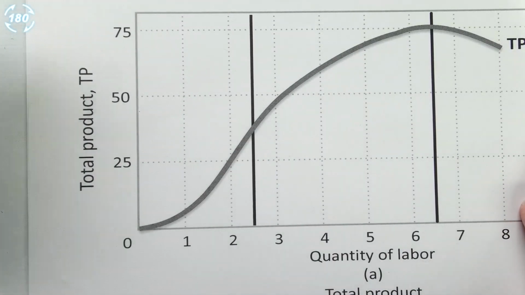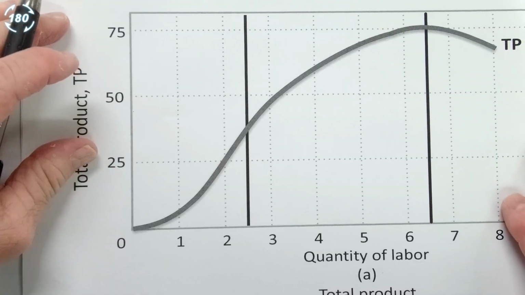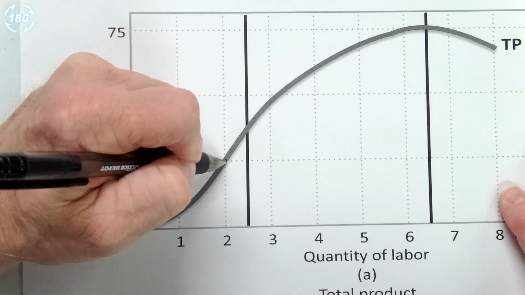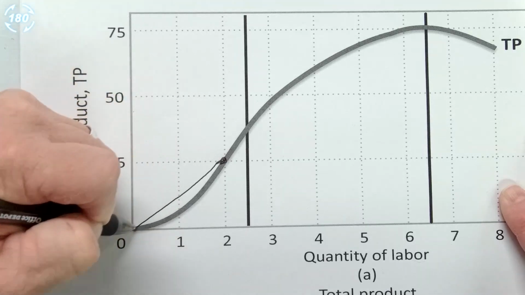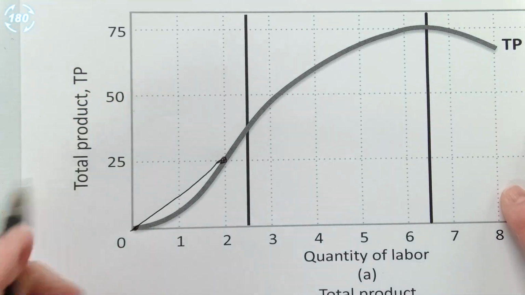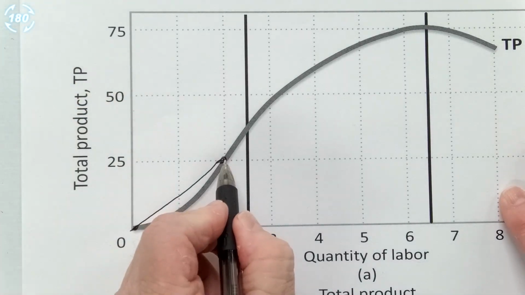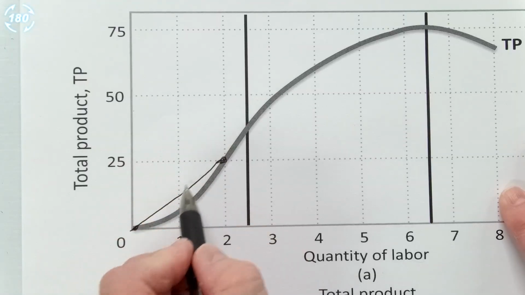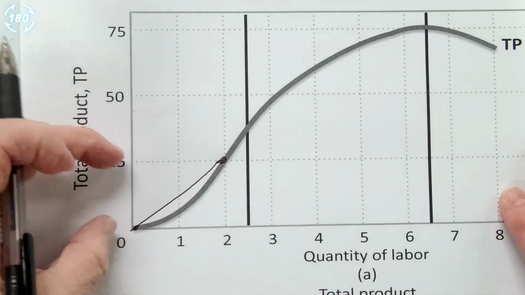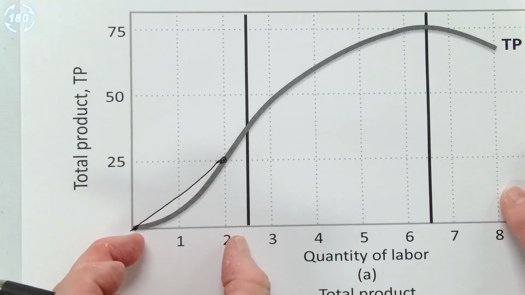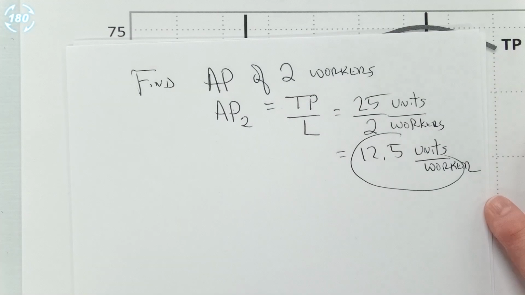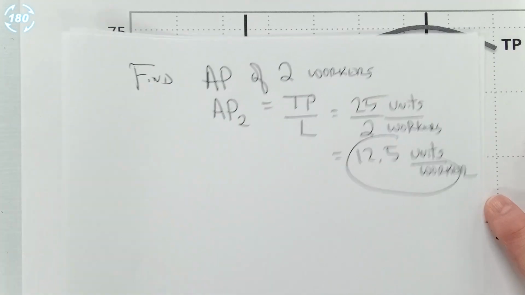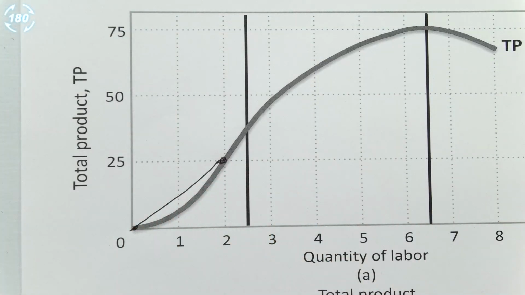And you say, well, big deal. Okay, now I'm going to show you where that is on this graph because this is very important. If I draw what's called a secant line from the origin to the point above 2 workers, then the slope of this secant line is the rise over the run. Do you see that the slope of that secant line, secant means to cut, by the way, so it's a line like this that cuts the curve in 2 points.